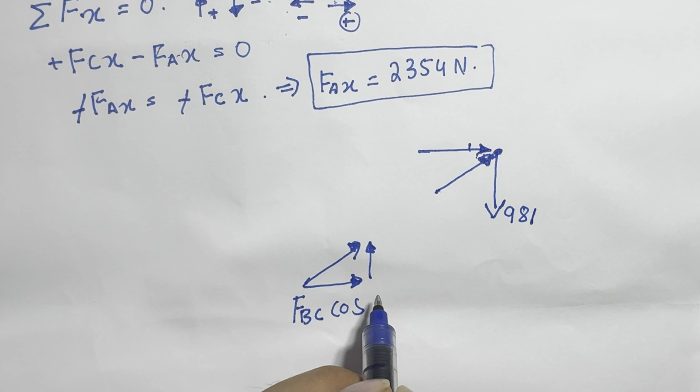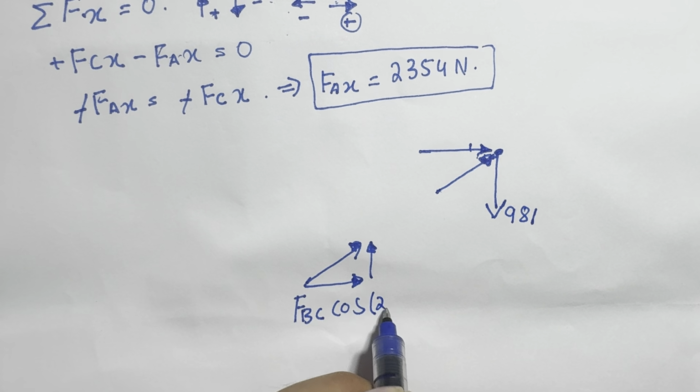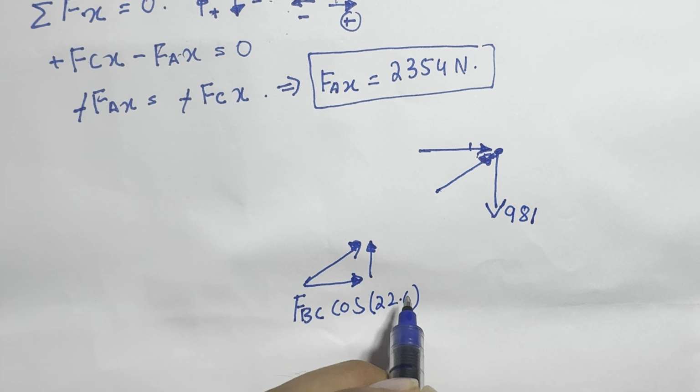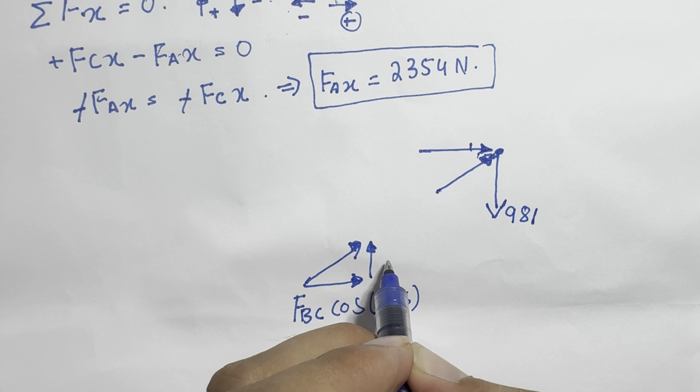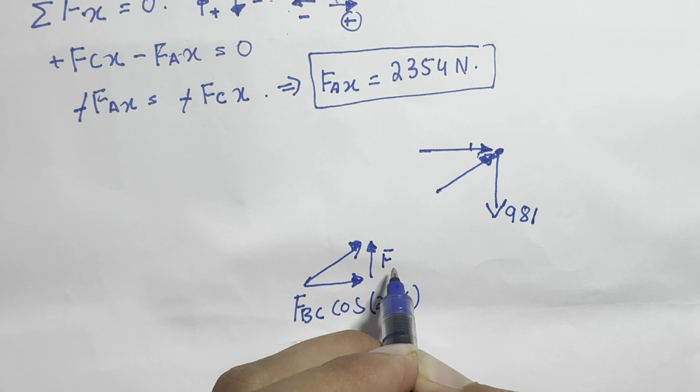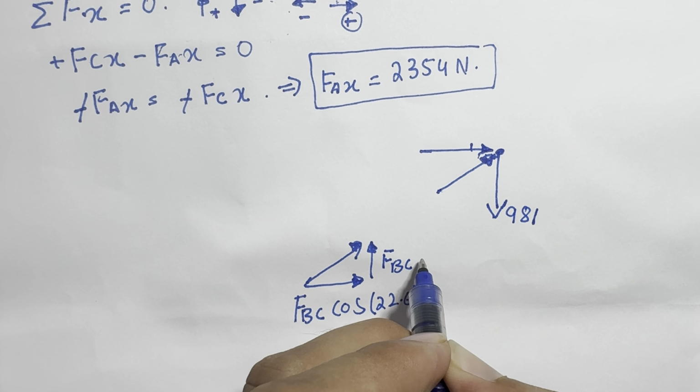The vertical component is FBC sin 22.6 degree.